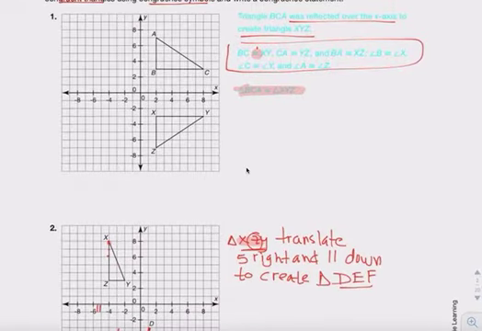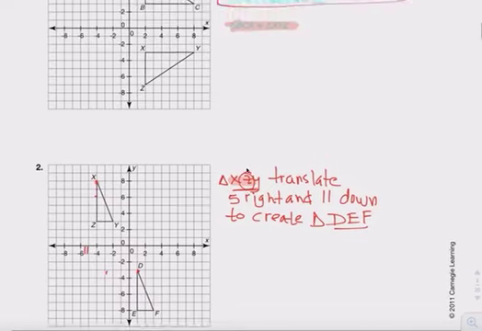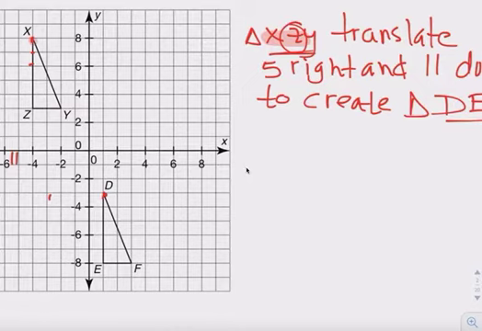And then we're going to write congruent statements on sides. Let's do sides first. We know that XY is congruent to DF.